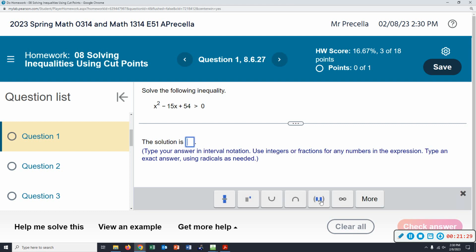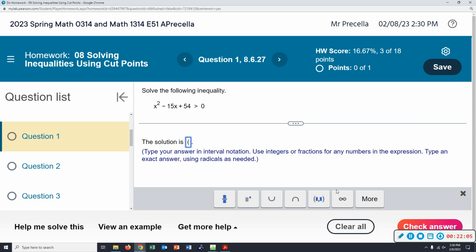I would not use these parentheses symbols here on the toolbar. That's for an ordered pair, and we may have things that start with a parenthesis and end with a bracket. So I don't use those parentheses and brackets on the toolbar. I use the parentheses and bracket from the keyboard. So I shift there, I get my parenthesis, and notice there's only one infinity symbol on the toolbar. I'll get emails from students, there's not a negative infinity hot button. You're right.